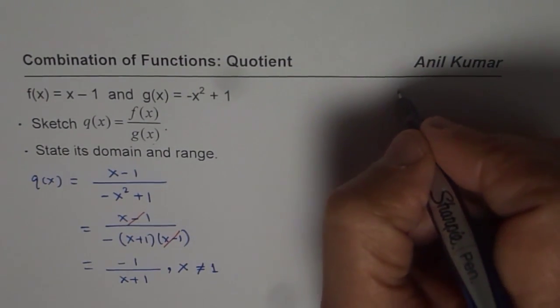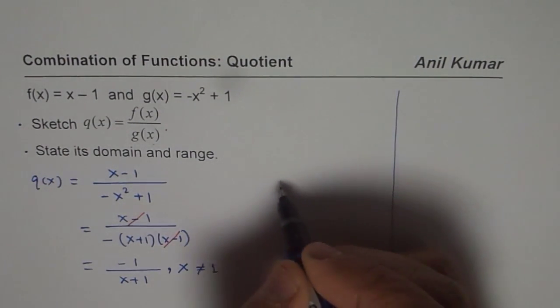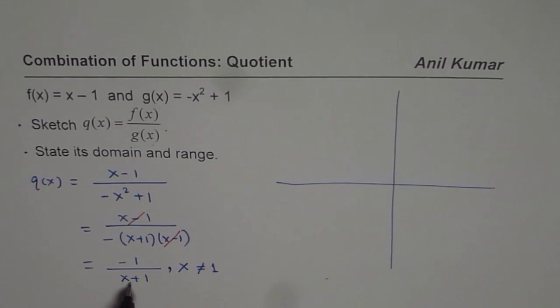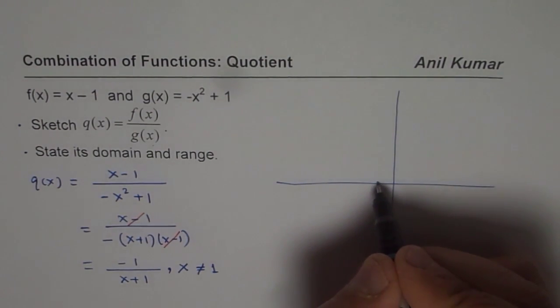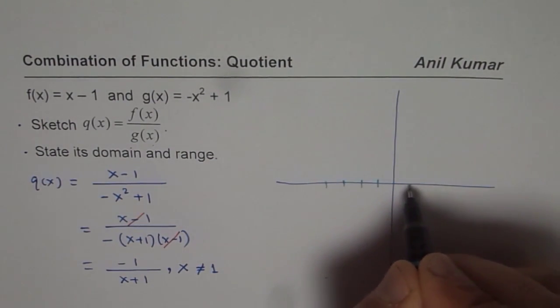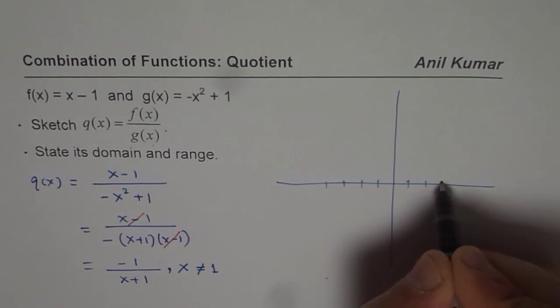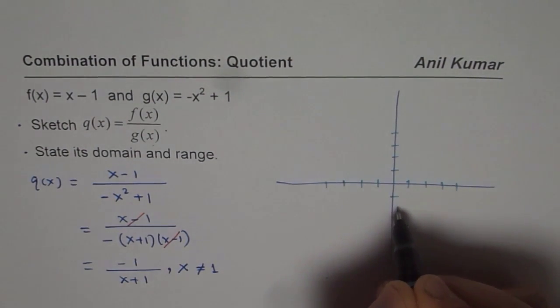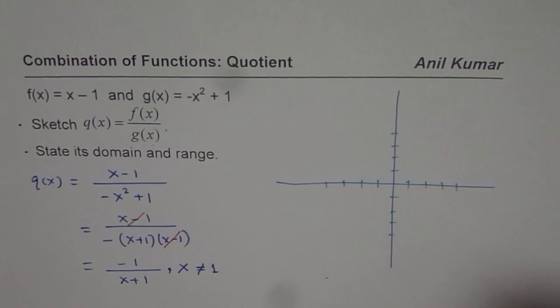So to sketch the function, what we can do is we can have some critical values. So the first value is, of course, the vertical asymptote, which will be at minus 1, right? So let me make one scale here. So this is, let's say, 1, 2, 3, 4 on the negative side, 1, 2, 3, 4 positive side, 1, 2, 3, 4 on the y-axis.